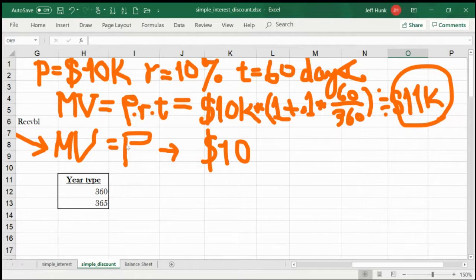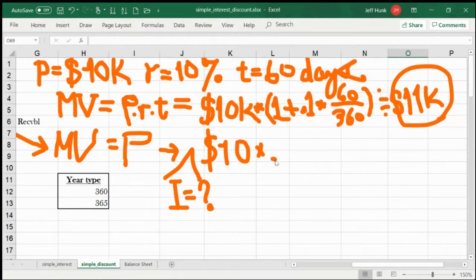So what I'm doing here is, how much interest are they taking, right? I'm just calling it interest for now, but it's not really, it's called bank discount. So the calculation is simple.